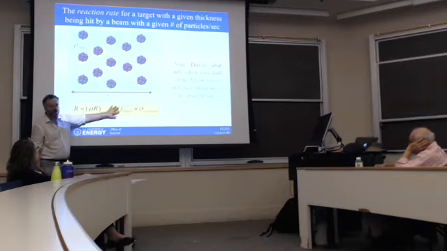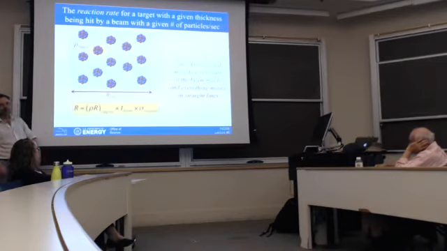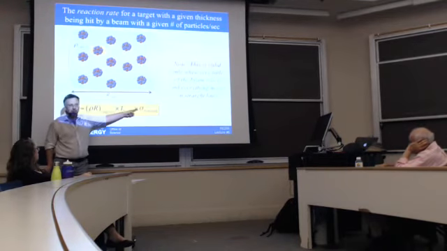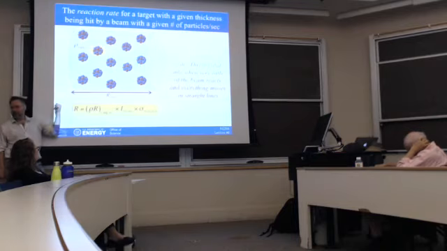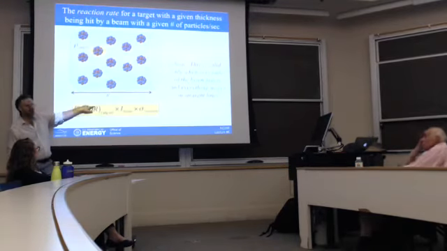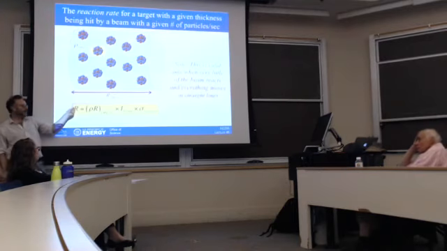That's all this equation says. You wouldn't expect it to be proportional to anything else, and you wouldn't expect it to be proportional to anything less. Obviously, if I make each individual target bigger or smaller, the reaction rate should change. Obviously, if I make the thickness bigger, the reaction rate should change.